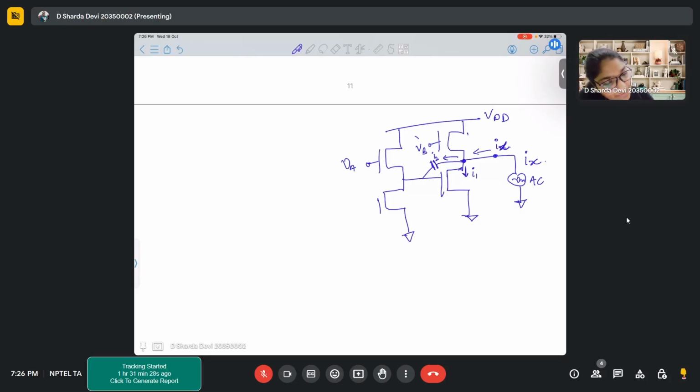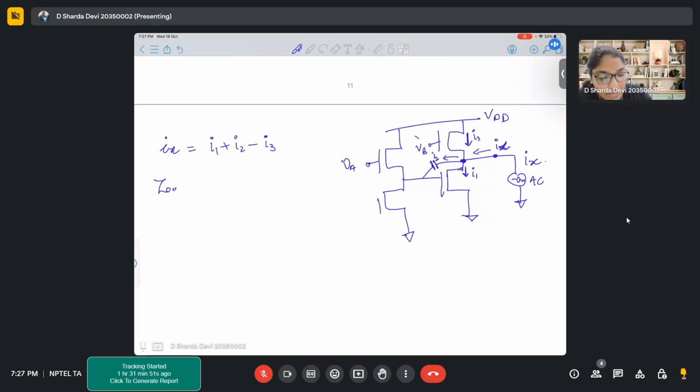There will be another current coming from this MOSFET, like I3. So if we write IX, how can we write it? Considering the direction opposite, IX is equal to I1 plus I2 minus I3.